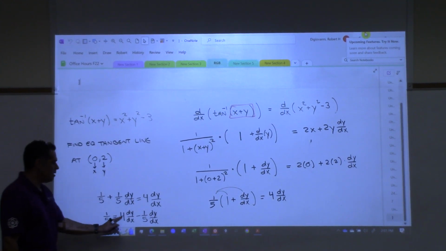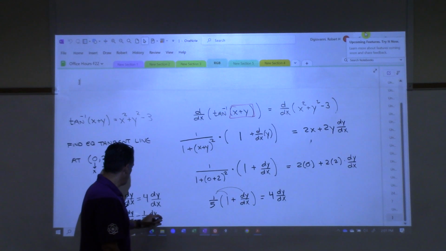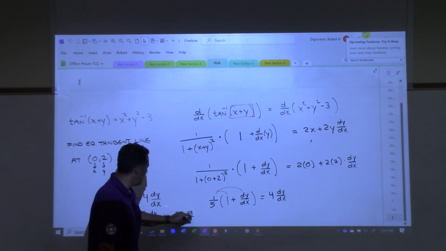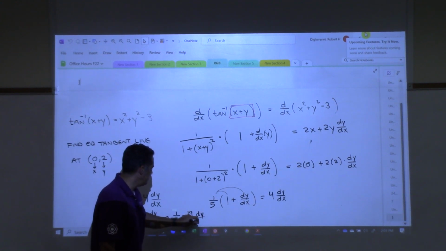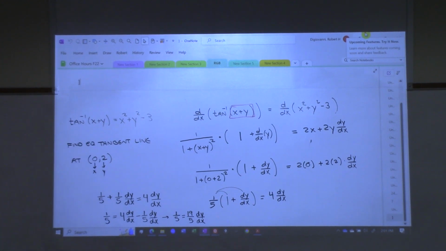Or you get a common denominator here: 20 over 5, subtract 1 over 5, you get 19 over 5. So 1/5 equals 19 over 5 dy dx.